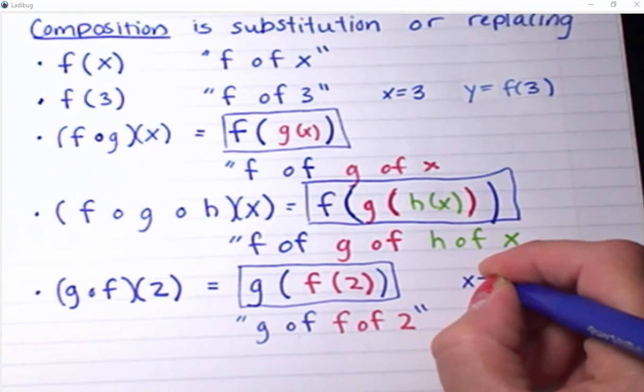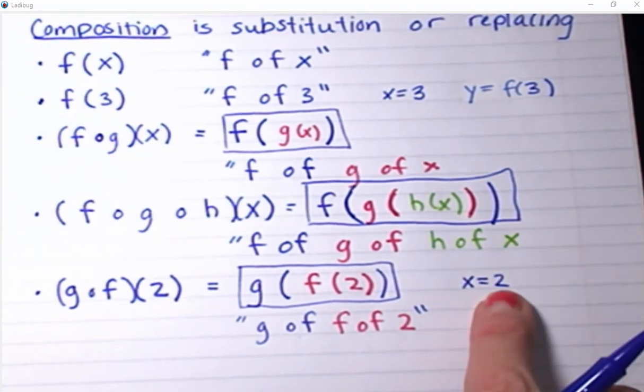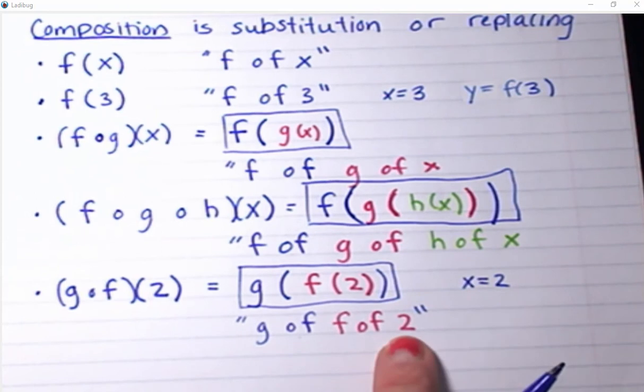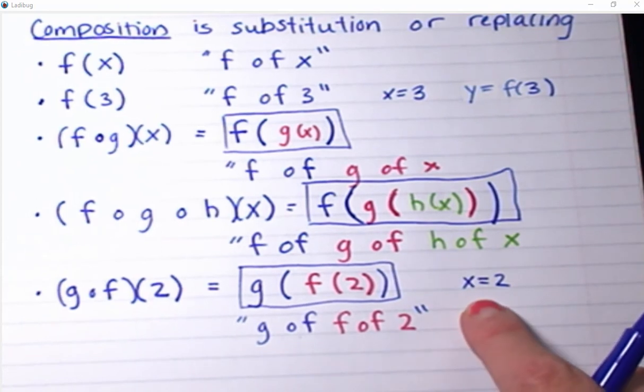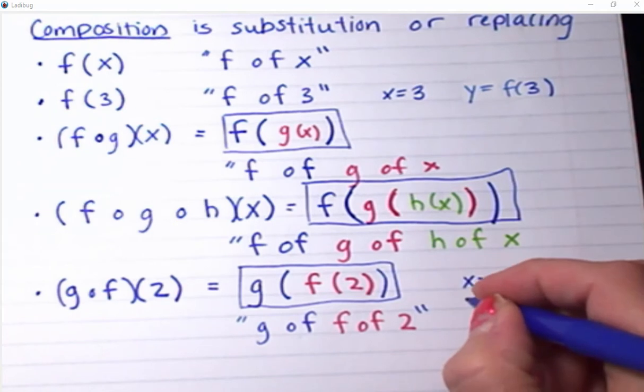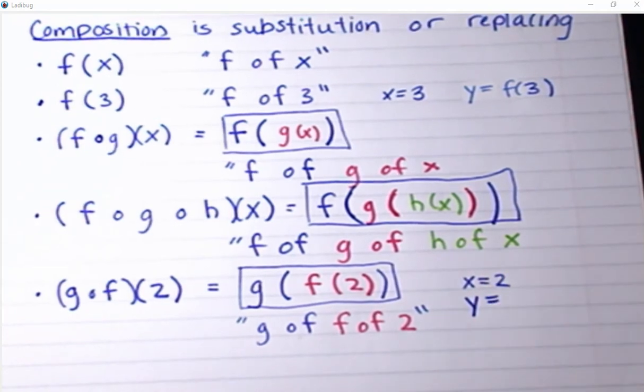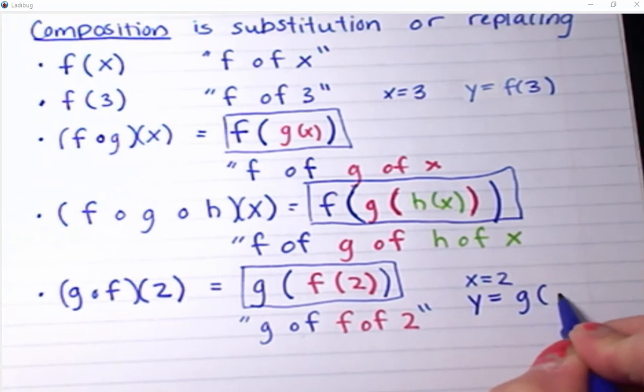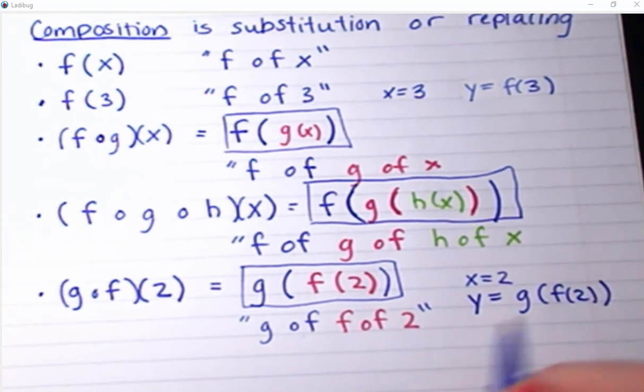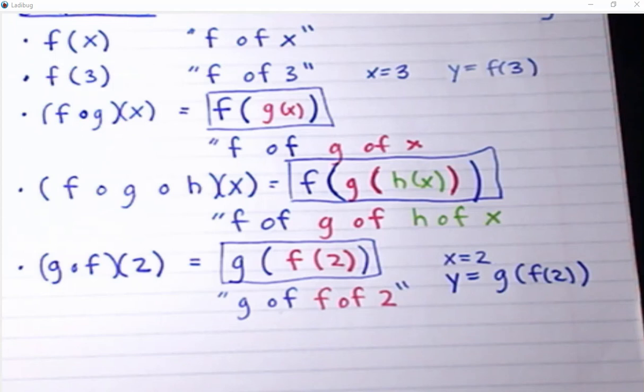This is where x is being replaced by 2. That means that the new y coordinate is whatever that thing happens to be. And we're going to work on the evaluating. Keep in mind that I'm going to show you how to work this forward. You will eventually have to work backwards, just like the transformations.